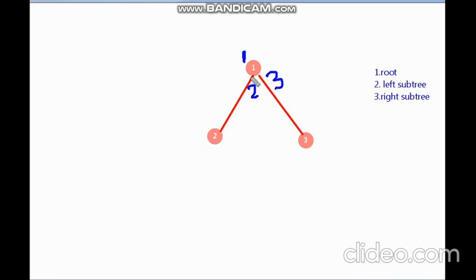Okay, and when I travel from here to here, this is a node, it becomes a root node, and there is no left subtree and no right subtree. In the same way here, this is the root node and there is no left subtree and no right subtree. Now I am traveling like this.